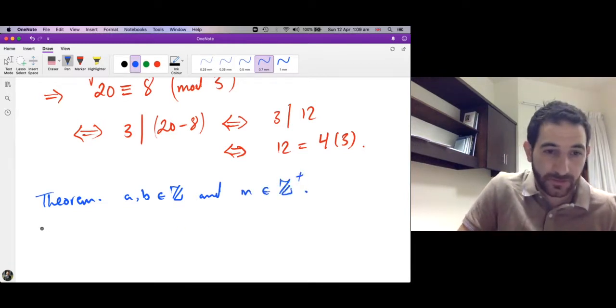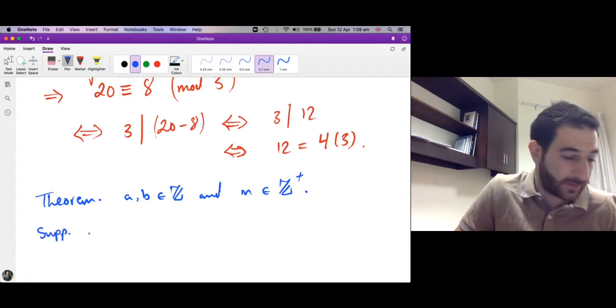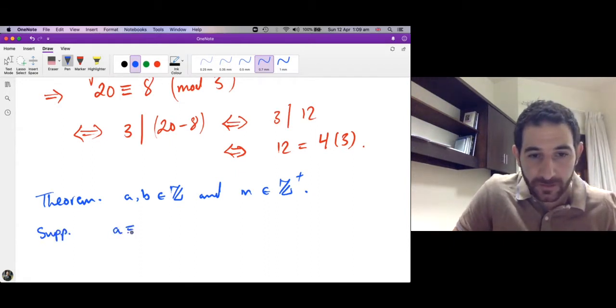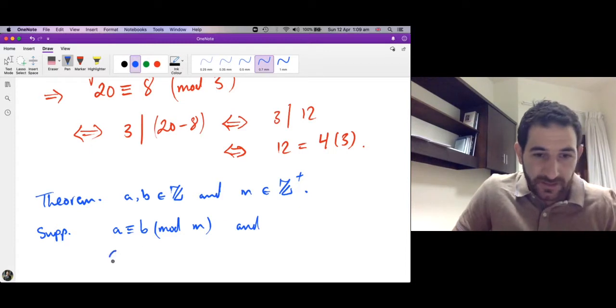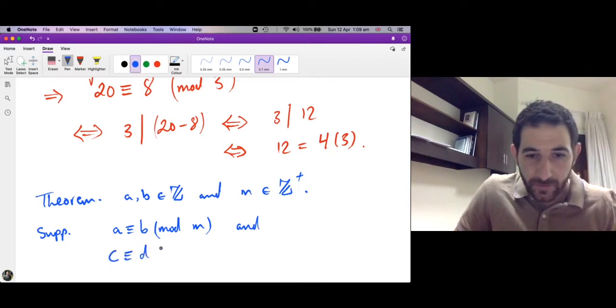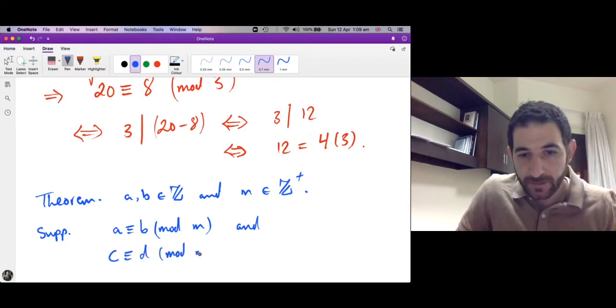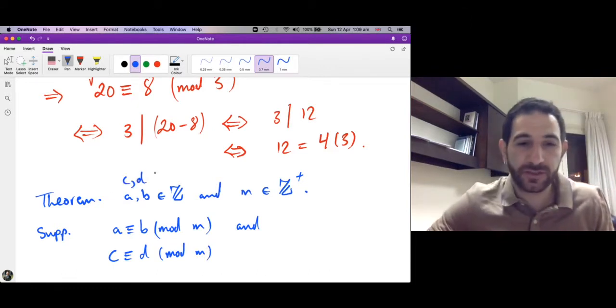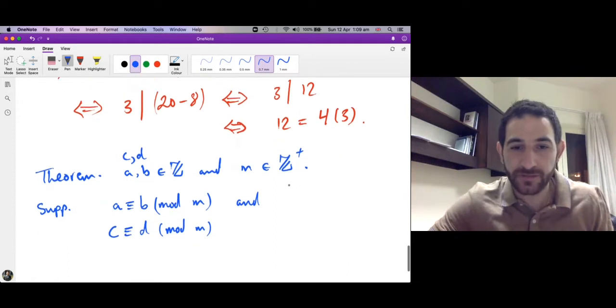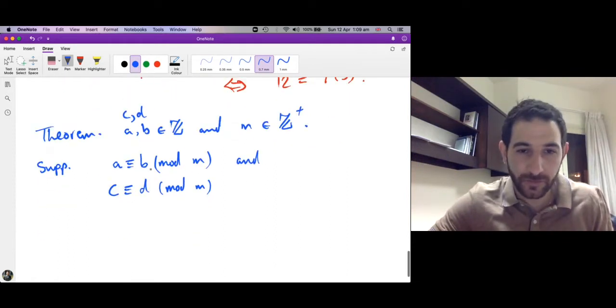Okay, suppose that a is congruent to b modulo m, and c is congruent to d modulo m. So I forgot to say, and also c, d are integers. So choose any 4 integers and m positive integer, and suppose that a is congruent to b modulo m and c is congruent to d also modulo m.